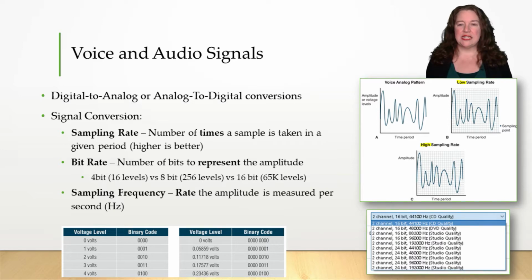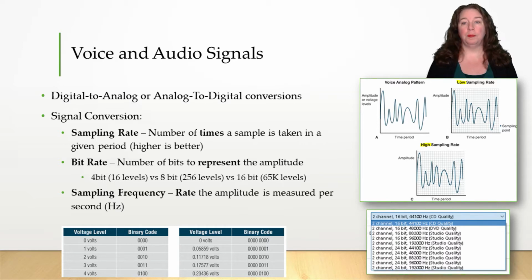When we look at a single wave pattern, so a voice analog pattern, it looks like a wave. It goes up and down and has different amplitudes. The number of times we take a sample in a given period is called our sampling rate. How many samples are we going to take in this period of time? And the period of time can be long or short depending on whatever we choose to do.